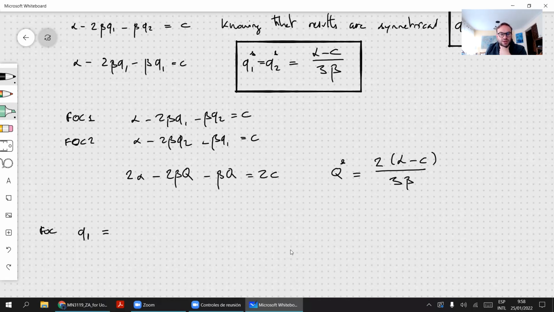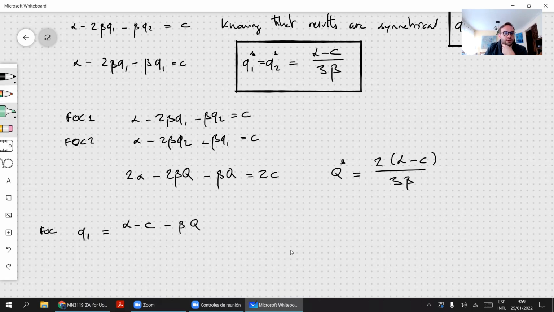Maybe I need to be a little bit careful, but there's nothing too extraordinary. So this is alpha minus C, and then, is it plus? No, this is minus beta, the overall quantity.